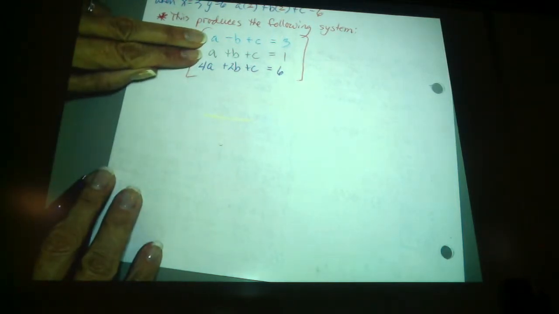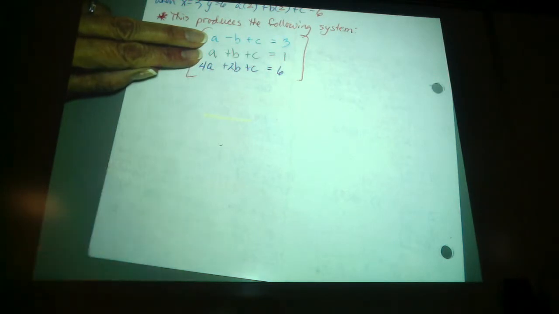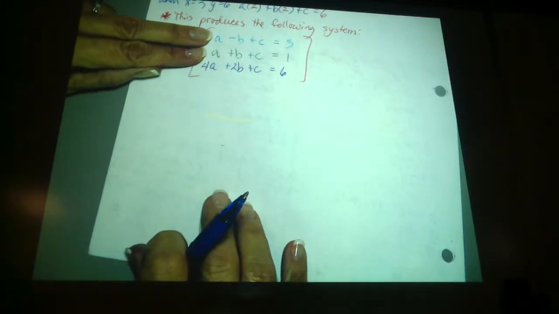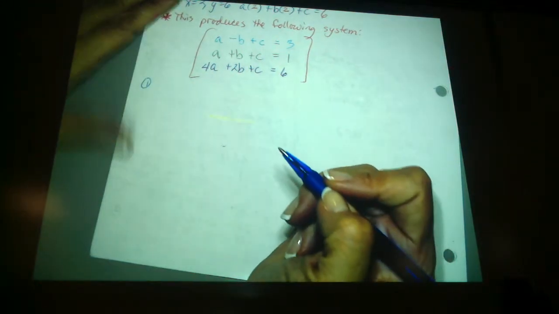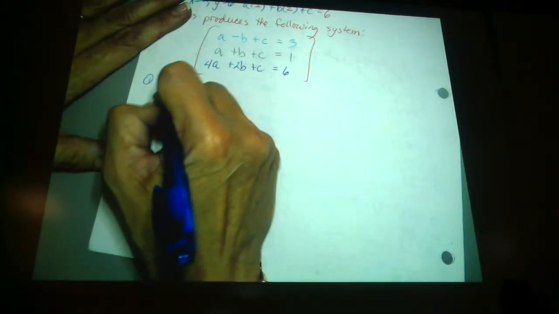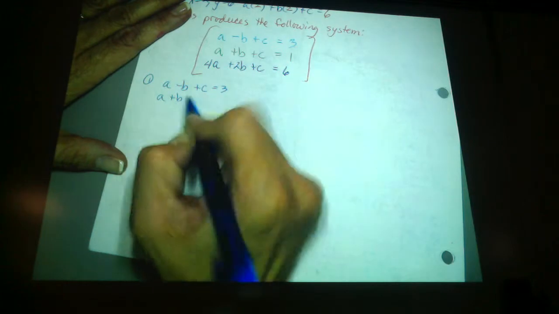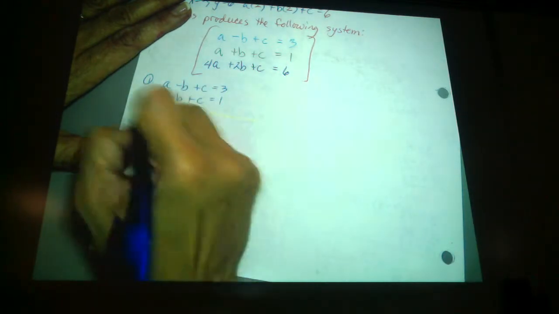Well, we could, but this actually isn't going to give us quite exactly row echelon form. But if I add these two together, I'll drop out my b's. I don't have to do anything, we just have to add them together, right? So step one, let's take those two equations, a minus b plus c equals 3. I'm going to add to it the second equation, a plus b plus c equals 1.